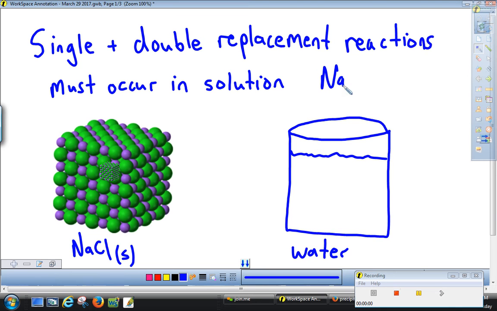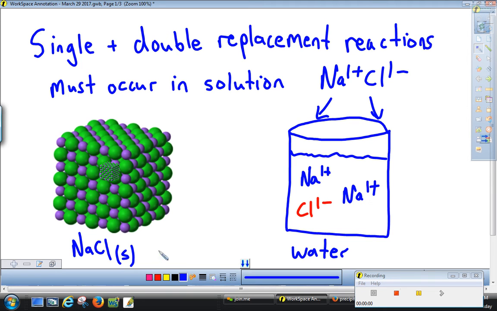The Na+ ions and the Cl- ions separate because they're attracted to polar water. Remember, water has oppositely charged ends: the partially positive hydrogen end and the partially negative oxygen end. So the water does a good job of attracting the ions and separating them, and the sodium and chloride are no longer floating around together, but separately in that beaker of water.